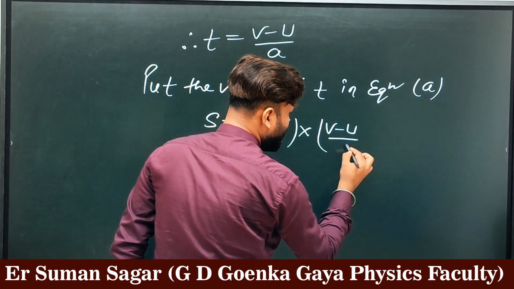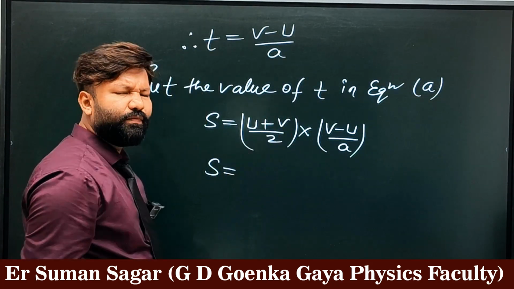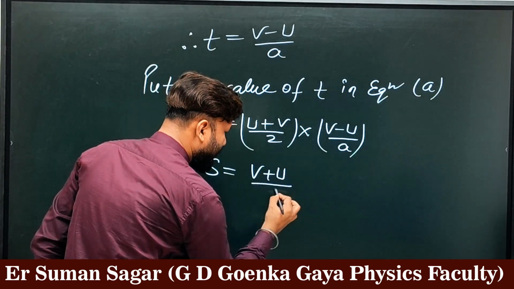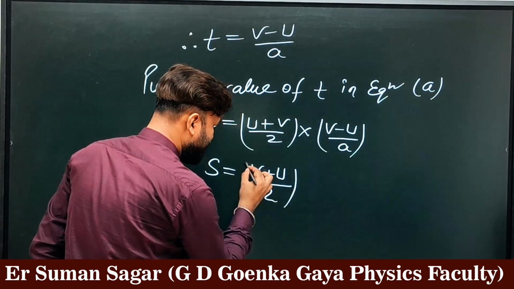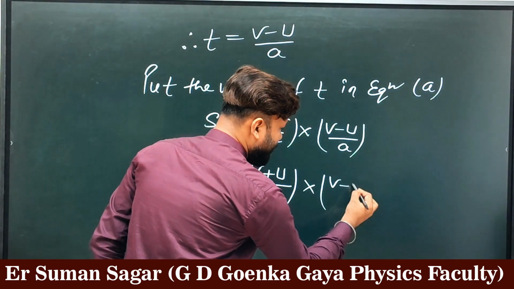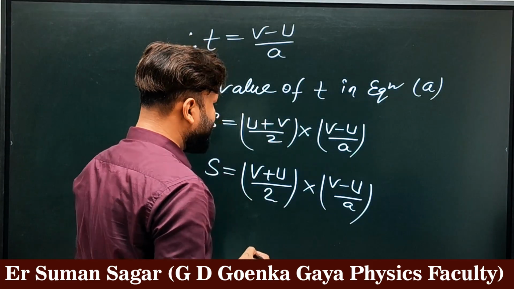Students, can we write like this? u plus v, so we can write v plus u also. u plus v, v plus u we can write, times (v minus u) by a.